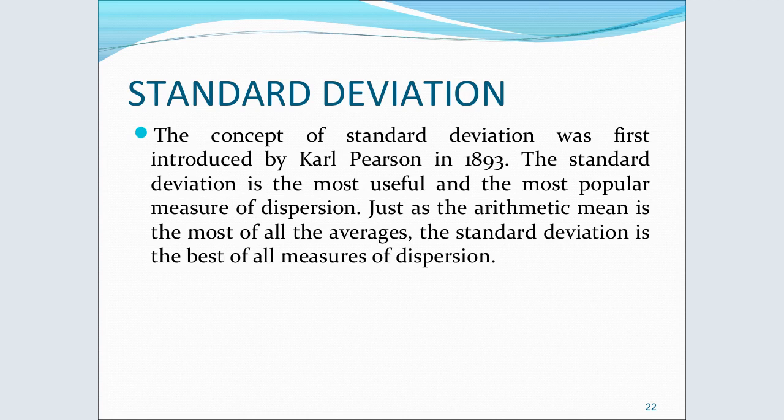So the coefficient of variation is given by the standard deviation divided by the mean, then we multiply by 100%. It is normally given in percentage form.